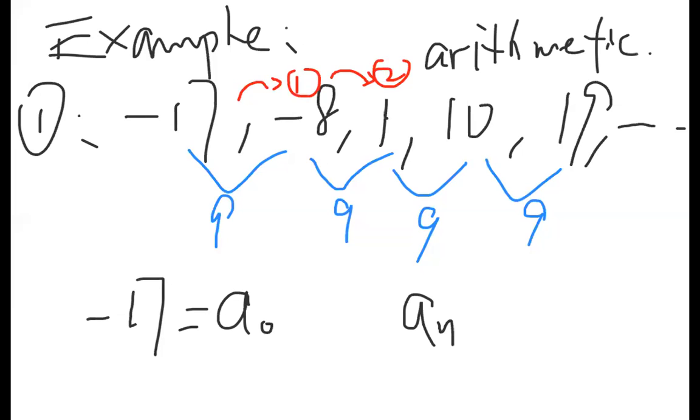So for An, you go through n differences. So you just add n times the difference to your starting term A0.